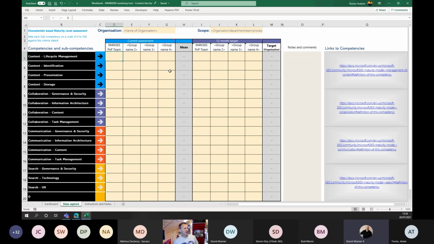We're going to do that as a discussion and a consensus. So just to prove the point, can I ask everyone just to throw in what their view is of our level of content management that we're doing as part of this Microsoft 365 maturity modeling. So just throw into the chat, do you think it's level 100, 200, 300, 400? And what I'll do, I'm going to capture that.